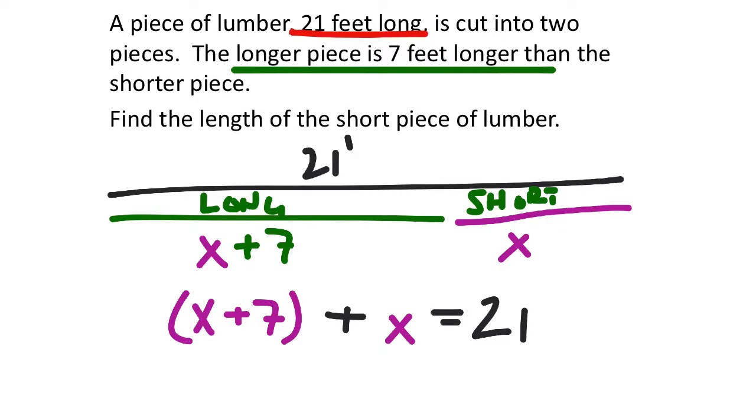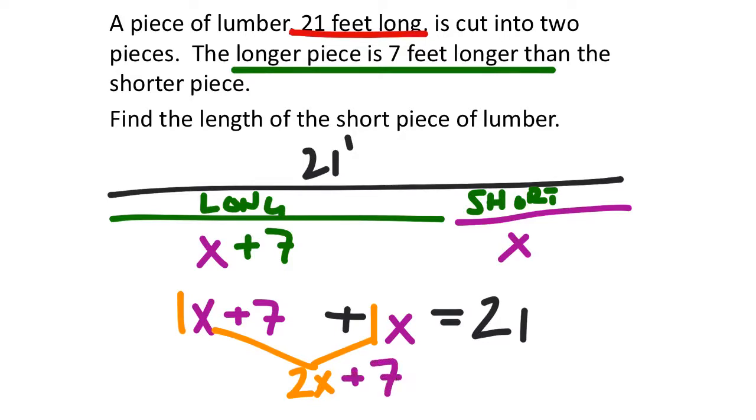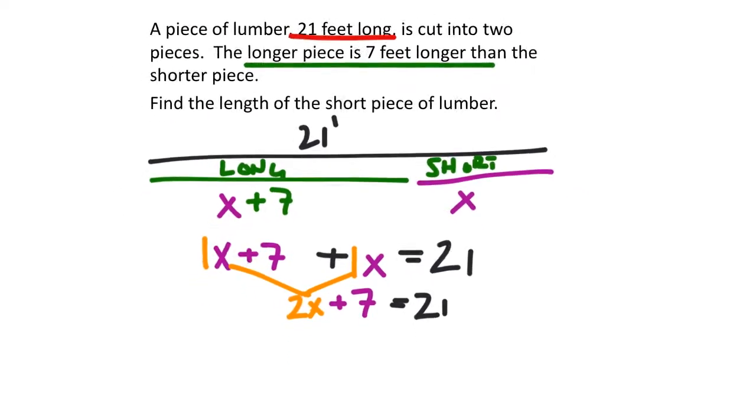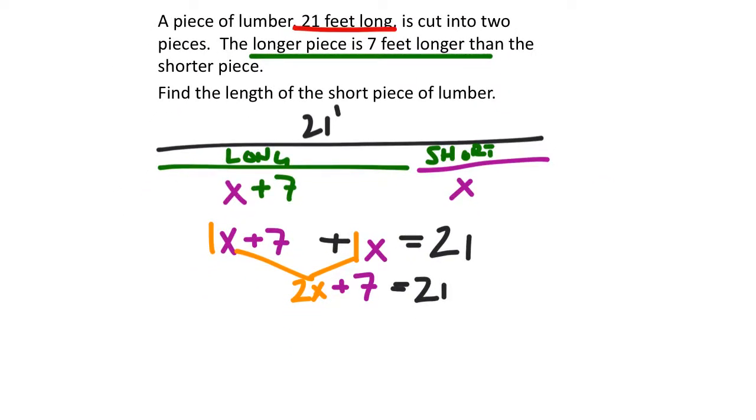So at this point, I have an equation that I can solve. I don't need those parentheses because right now I can look to combine like terms. So there's 1x and there's another 1x. That's 2x. Then I've got the plus 7, and this equals 21. So this is a two-step equation, where I need to zero out that plus 7. So I'm going to subtract 7 from both sides.